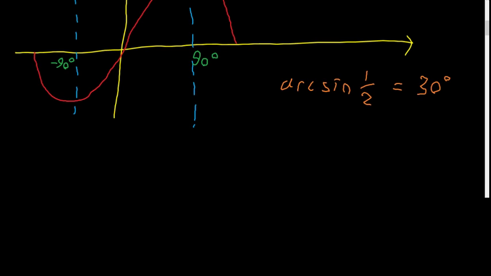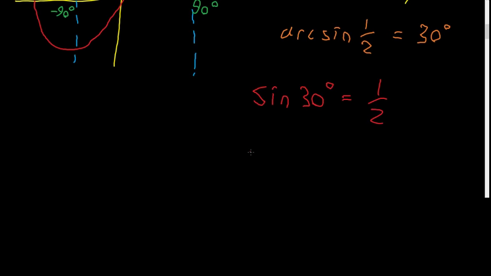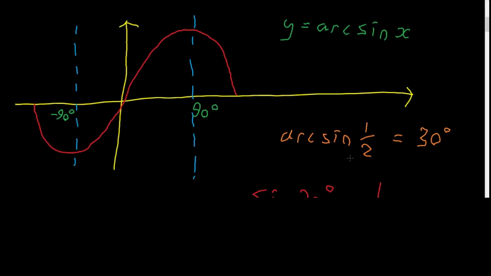But this says that sine of 30 degrees is a half, for sure. We also have other values that will actually give a half as well, because sine's a wave. So if we go a bit further along the graph, we can get another value that is also a half. And that's okay, because we've restricted the domain to make this inverse function.